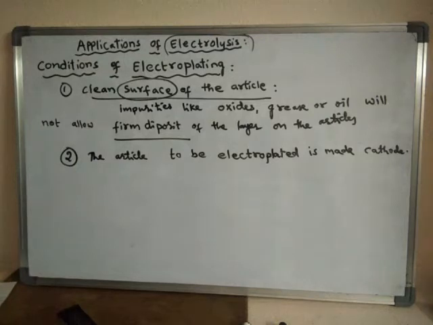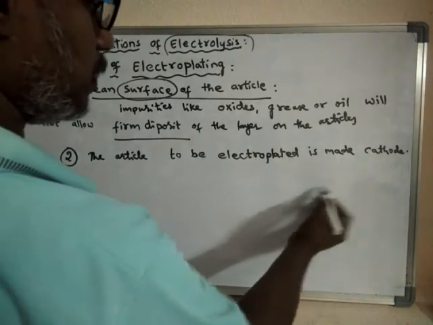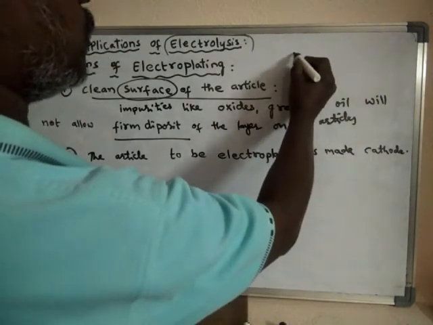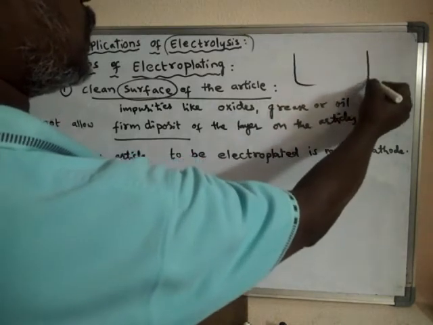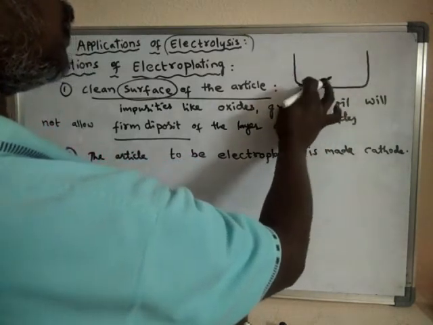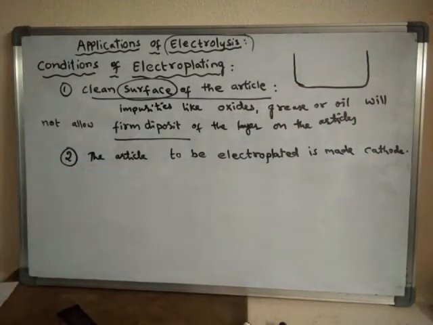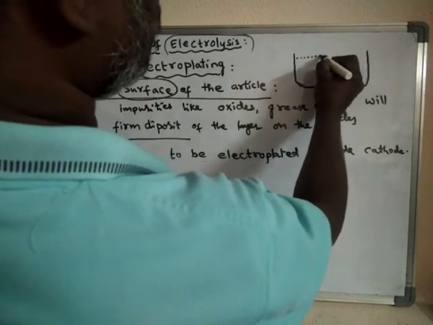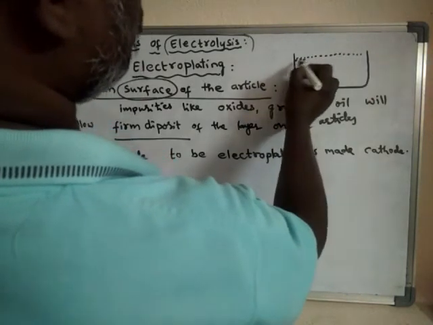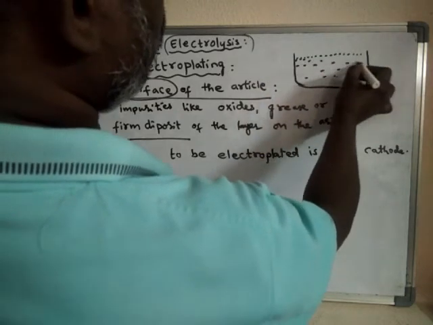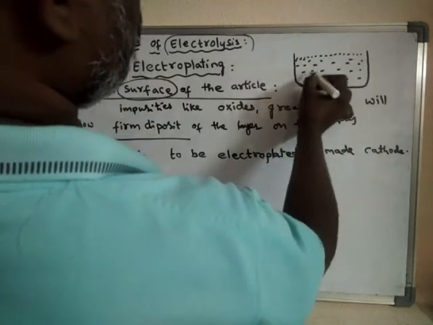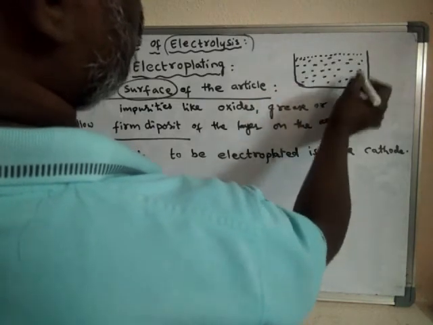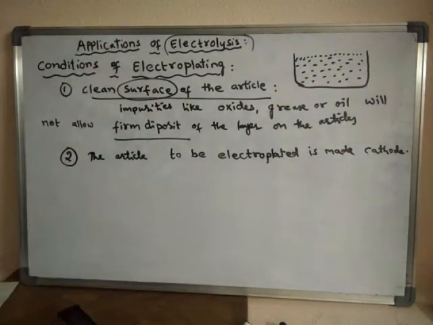For example, in the electrolysis process, this is the electrolytic cell in which the electrolyte is present. In the electrolyte there are electrodes.